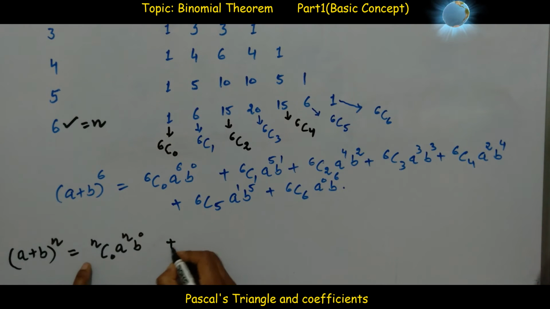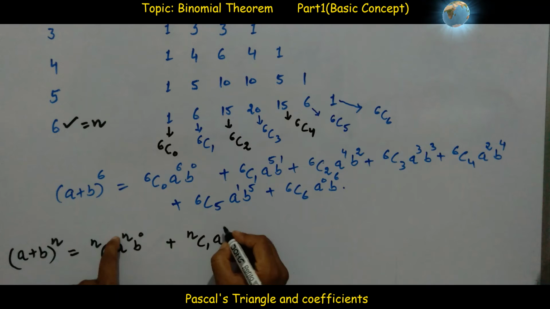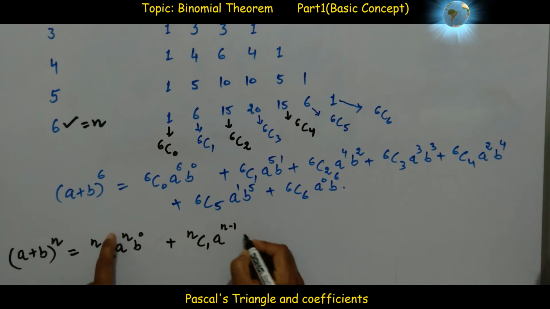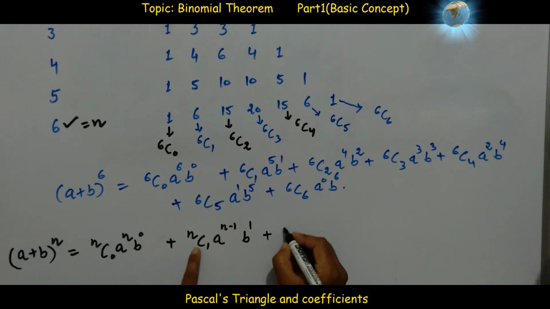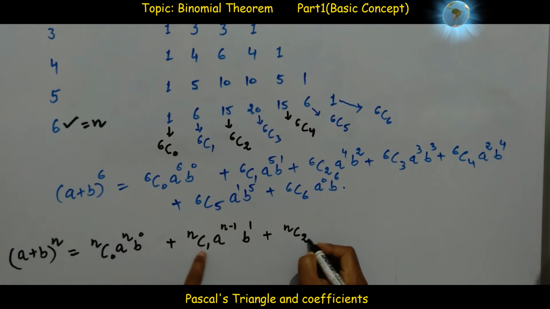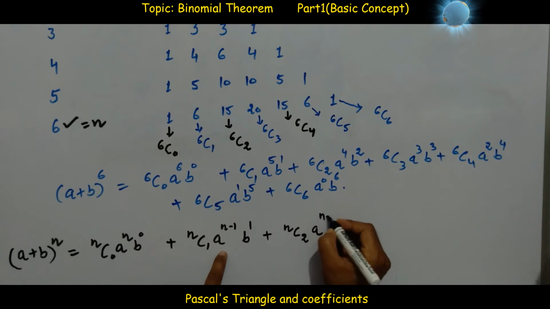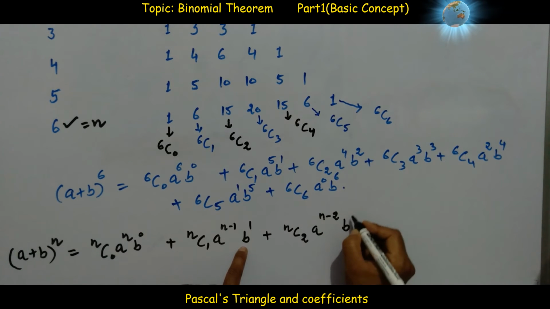Second term, nc1, a power decreased to n minus 1, and the power of b is increased to 1. Next is nc2 a raised to power n minus 2 b raised to power 2, and so on.